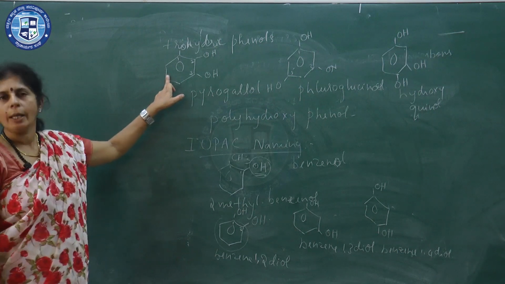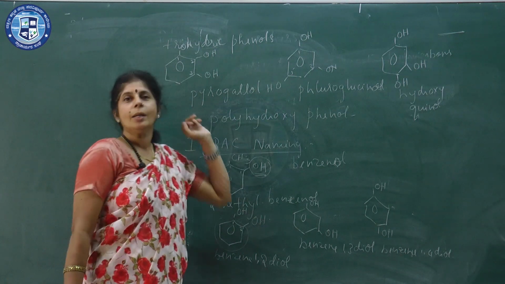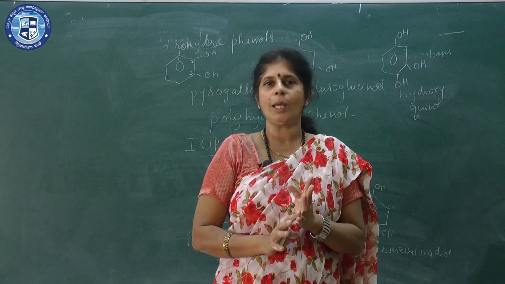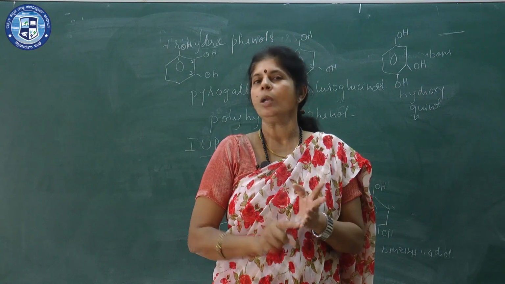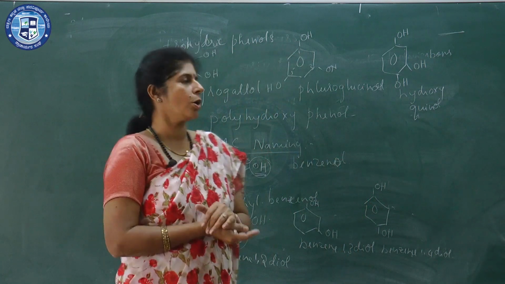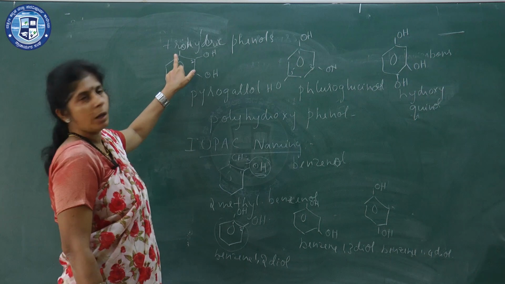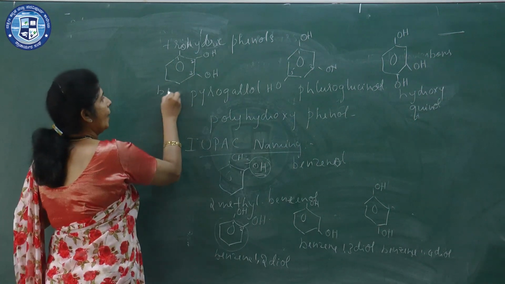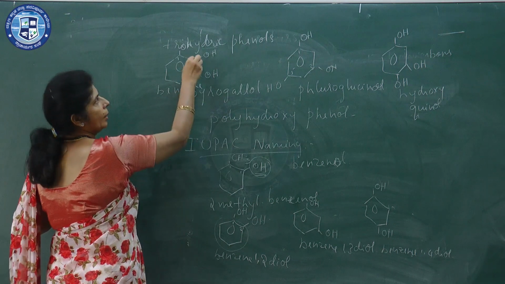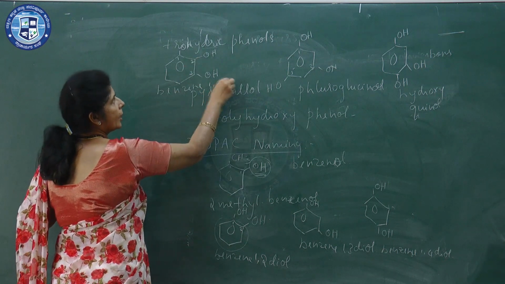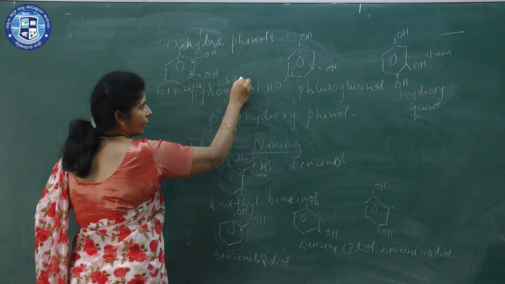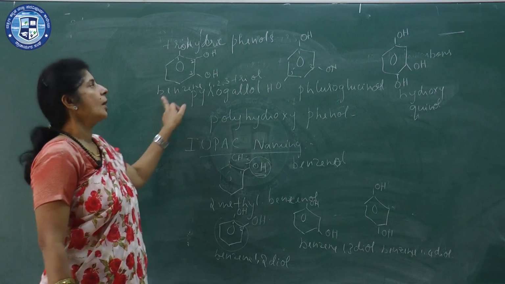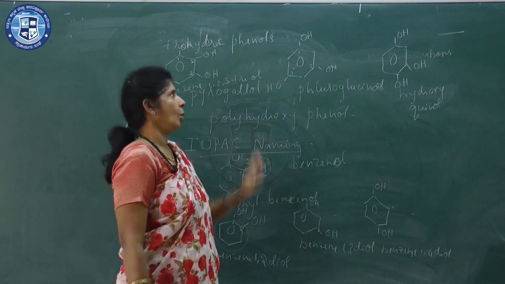Now come to the trihydric phenols, where we have taken 3 examples: pyrogallol, phloroglucinol and hydroxyquinol. Pyrogallol has 1, 2, 3 positions, so the IUPAC name will be benzene, 1, 2, 3. There are 3 OH groups, tri, and the suffix of the OH is 'ol', so it becomes benzene-1,2,3-triol.